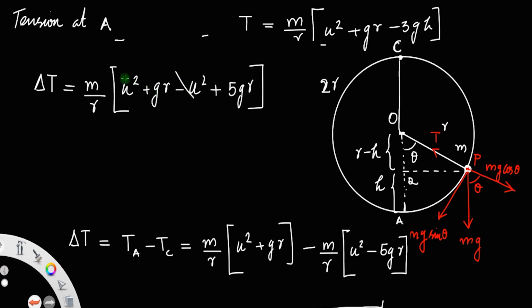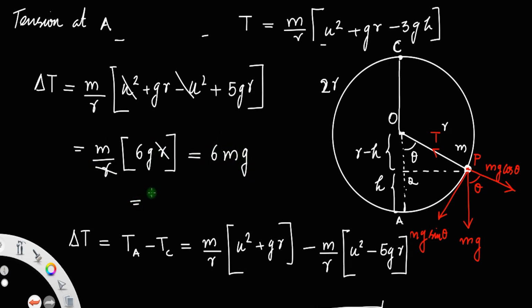This u square and this u square cancel. M by r into gr plus 5gr is 6gr. Cancel this r and r. This will be 6 times mg, or 6 times the weight of the body. Clear?